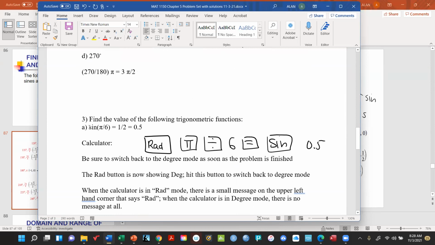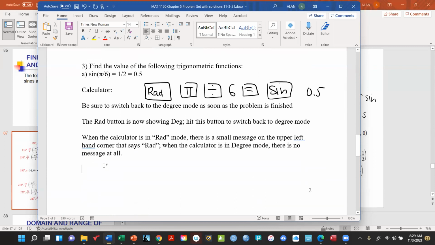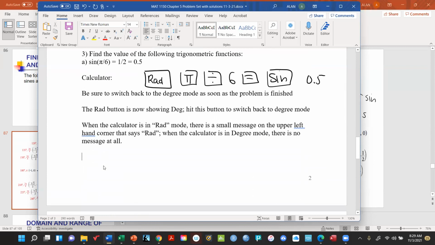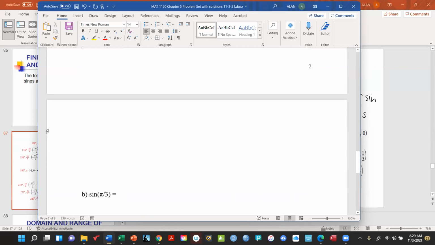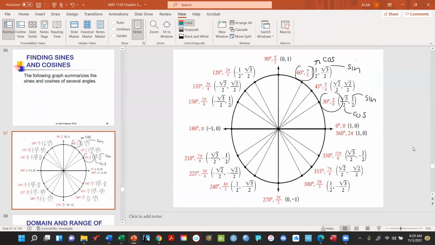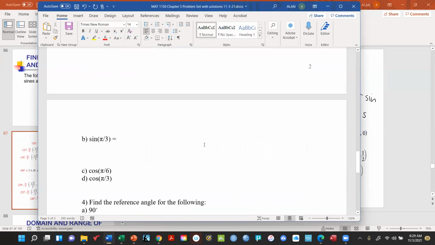When we get to these, where you're actually trying to calculate them, then the calculator can do all of these, as long as you're careful about which mode you're in. Now, having said that, for the more complicated ones, you'll sometimes get these very messy decimals and not the radicals, but that's not really a huge priority. I mean, if you really want the radicals, you can come back here and find them.